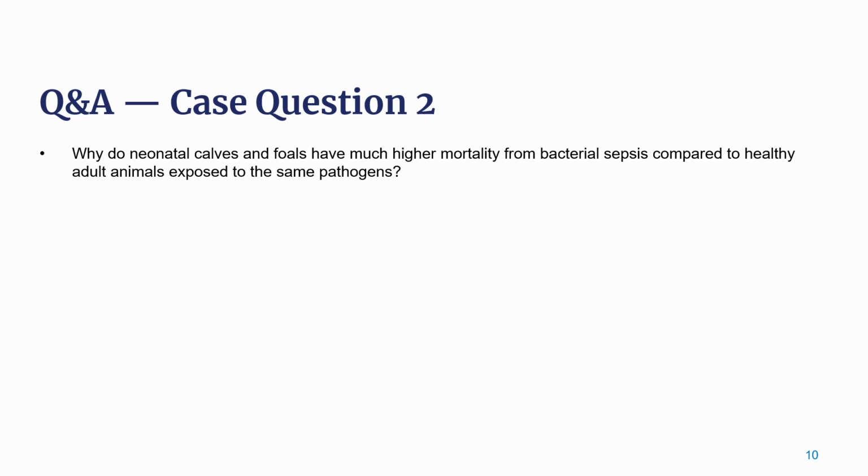So you have an underdeveloped, underarmed immune system meeting a pathogen for the first time, often in a high exposure environment. The result is overwhelming sepsis from bacteria that a healthy adult would clear in hours. Failure of passive transfer is the single most important risk factor for neonatal sepsis in large animals.